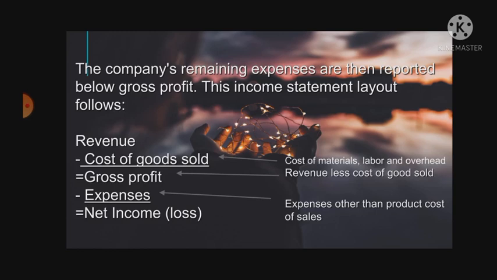Revenue less cost of goods sold equals gross profit. Gross profit less expenses is the net income or the net loss. The cost of goods sold is the cost of materials, labor, and overhead. Gross profit is the revenue less cost of goods sold, and the expenses are other than product cost of sales.